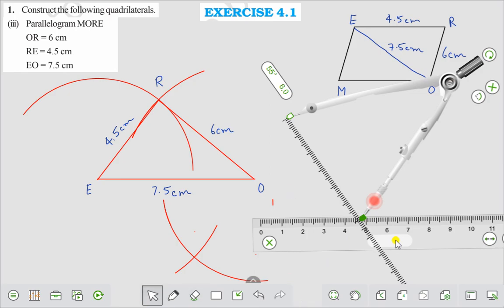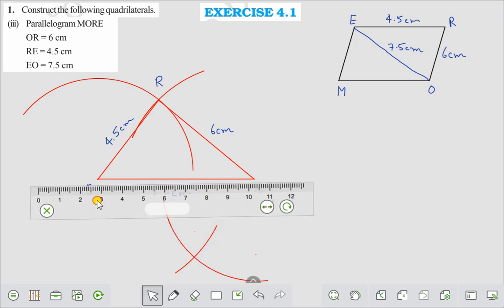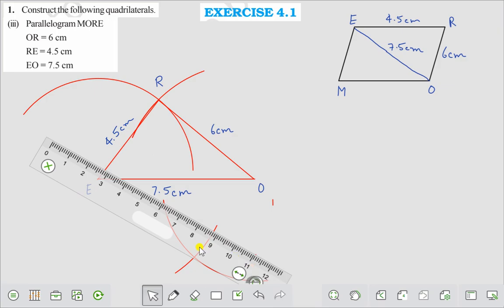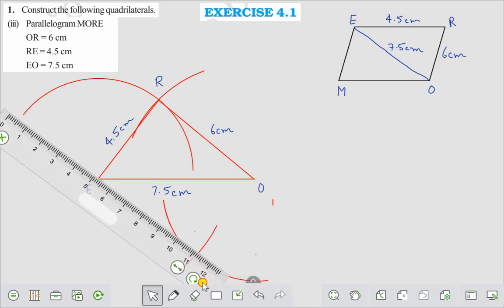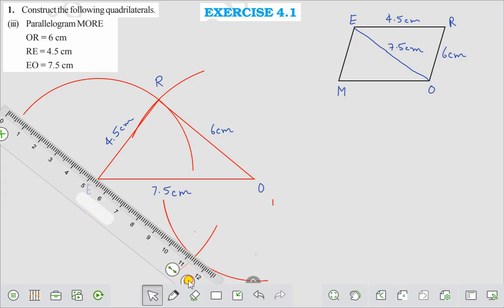And now let us join this point. Let us join this line.